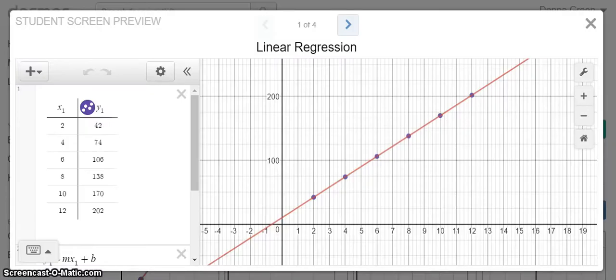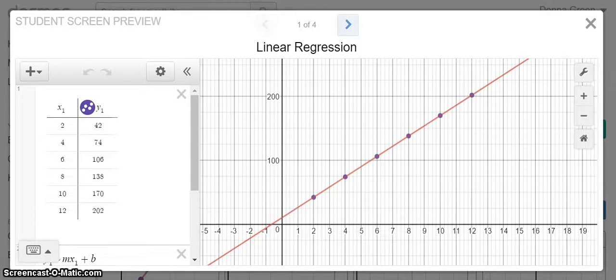So in a lot of our courses, we have to deal with scatter plots and different types of models, be it linear models, quadratic models, exponential models, all different types of models. And as I mentioned previously, I had no idea that Desmos did regression. I used to use a program called Fathom, and we just found out this year that that is no longer being funded by our Ministry of Education.